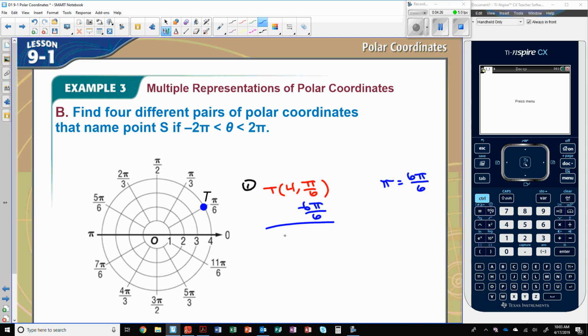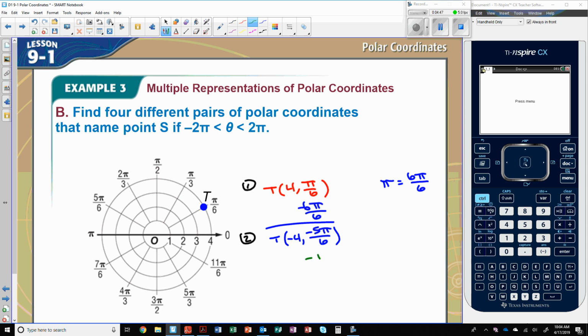This gives me my second point. Remember, your R value is going to change from positive to negative, because I'm changing directions. 1 pi over 6 minus 6 pi over 6 is negative 5 pi over 6. That's our second point. And I'm just going to continue on. The third point, I would do the same thing one more time.